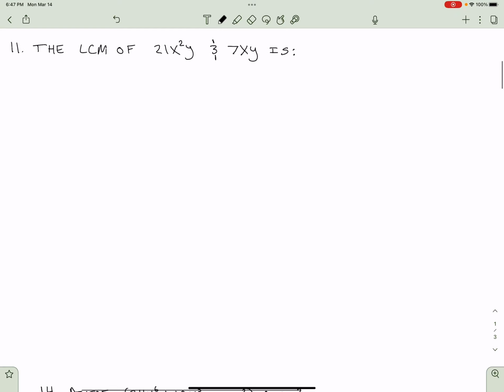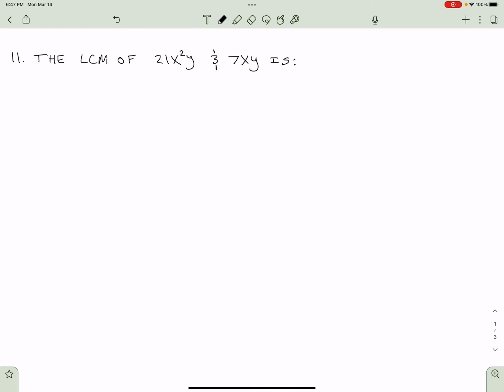The lowest common multiple of 21x squared y and 7xy is, well, the lowest common multiple is the smallest number that either one of these numbers could divide into evenly. Okay?